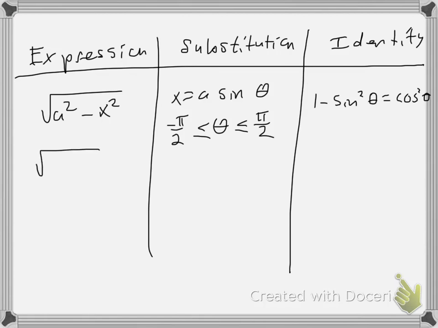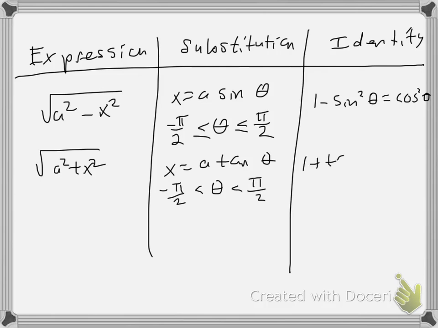If we have the square root of a squared plus x squared, then our substitution will be x equals a tangent of theta, provided that the theta is between negative pi over 2 to pi over 2. And the identity that we're going to use for this is 1 plus the tangent squared of theta equals secant squared of theta.